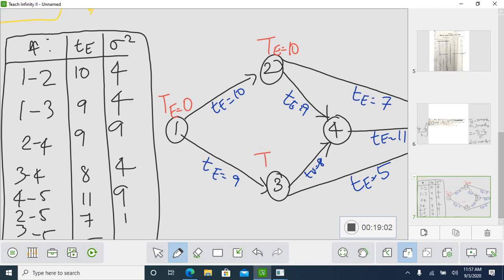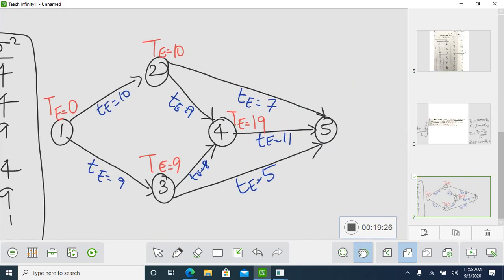For 3, T equal to 0 plus 9 is 9. For 4, T equal to 10 plus 9 is 19. Right, so 9 plus 8 is your 17. Which one will you take? Obviously, the maximum one. So 19 you will be taking.